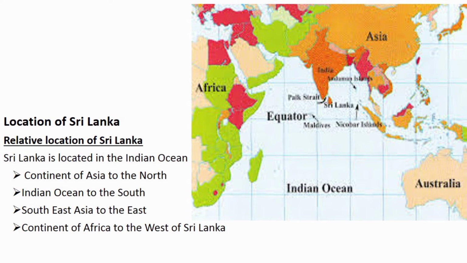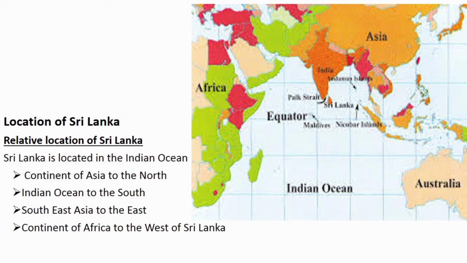Now, let's look at the relative location of Sri Lanka as well as the specific location of Sri Lanka. Here, from this map, you can see the relative location of Sri Lanka. What are the land area and oceans around our country?